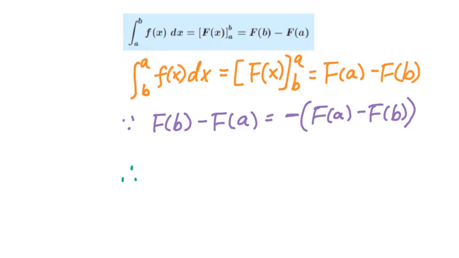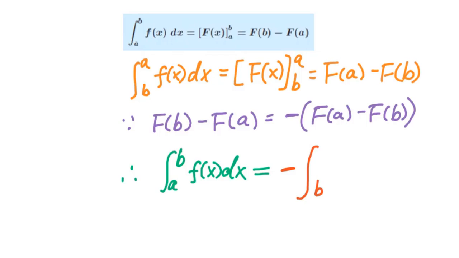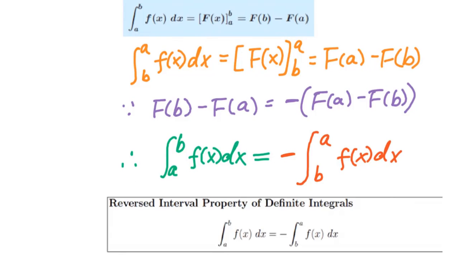So we have the integral from a to b f of x dx equals negative integral from b to a f of x dx. This is the reversed interval property of a definite integral.